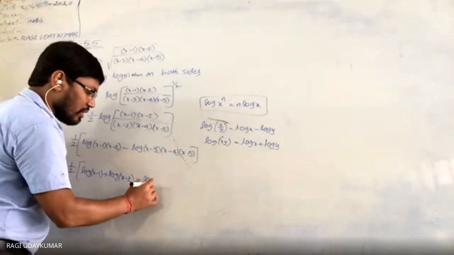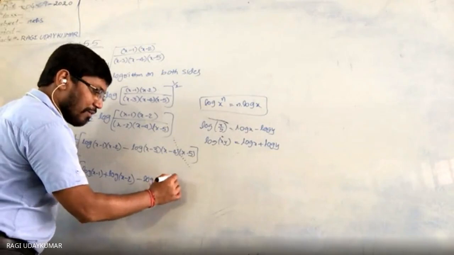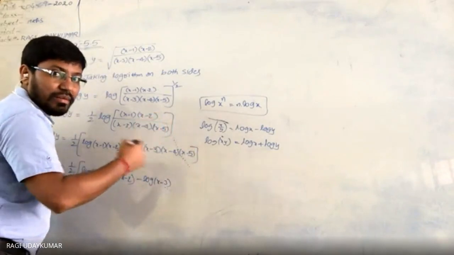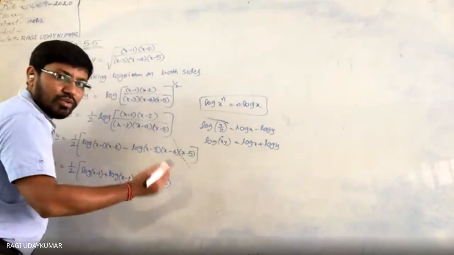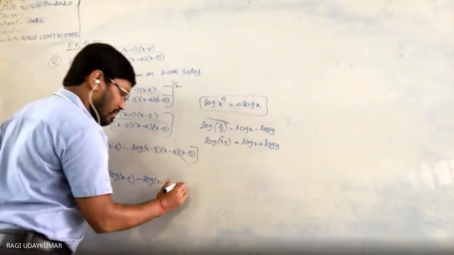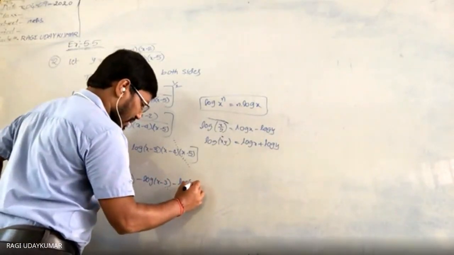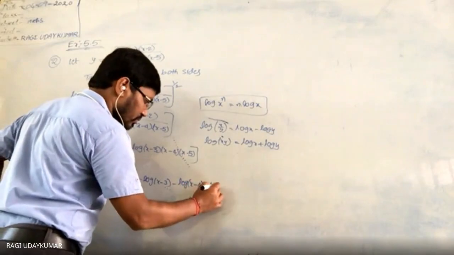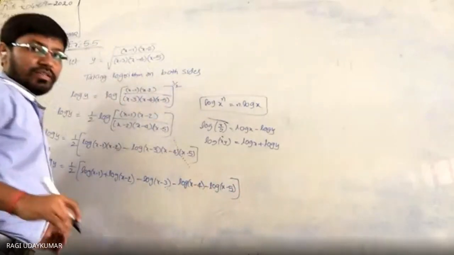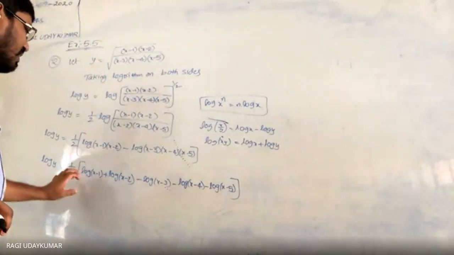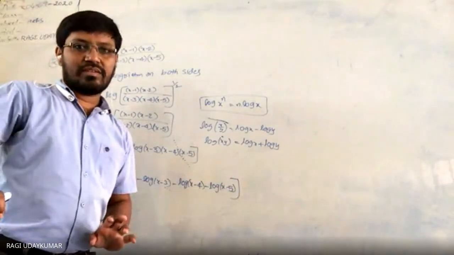So what you will actually get is log of x minus 3, here most of the students will write plus. But inside the brackets, whenever you write it, you are going to get plus. Here minus you will get. So we have simplified. See what we made, the product form we made into the sum and difference form.